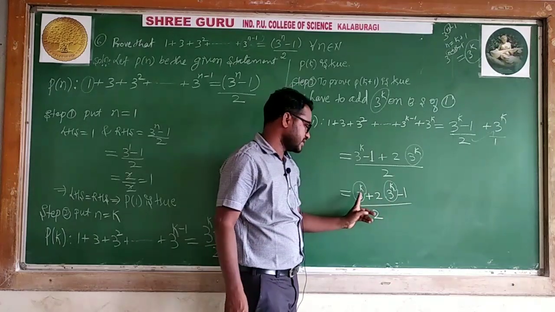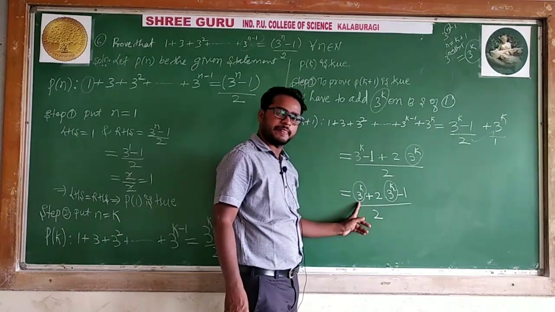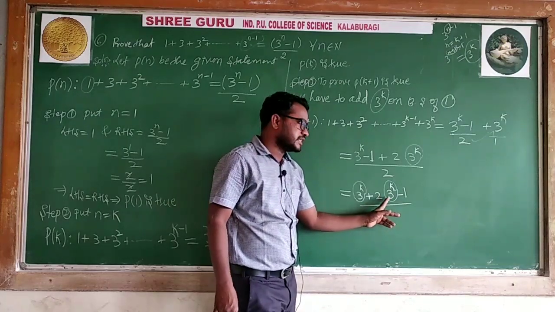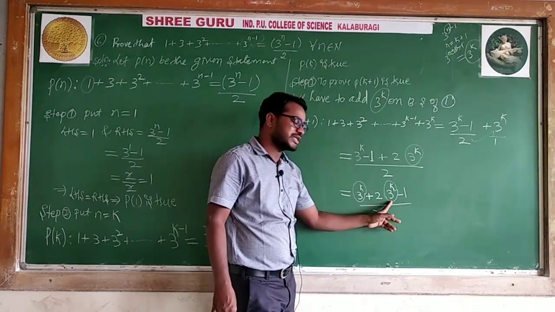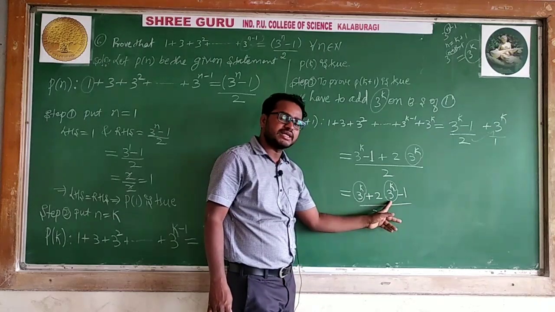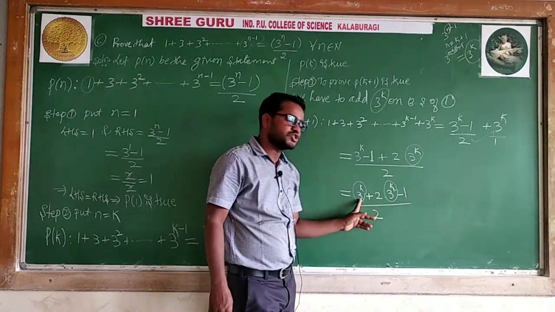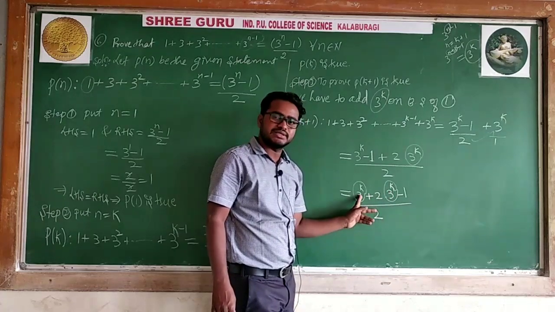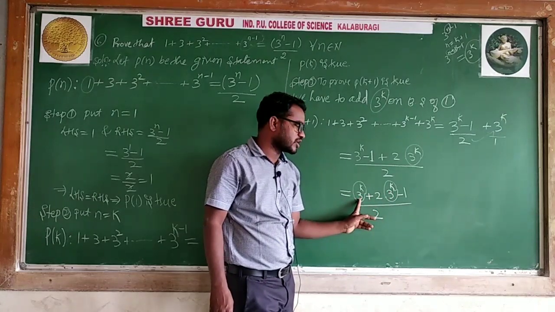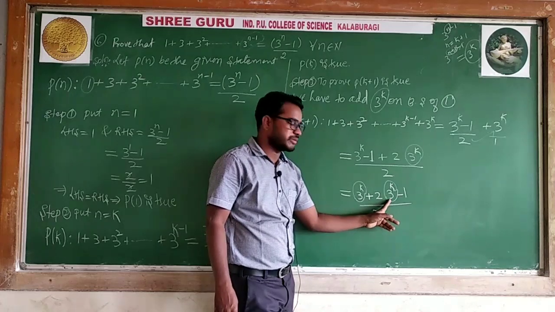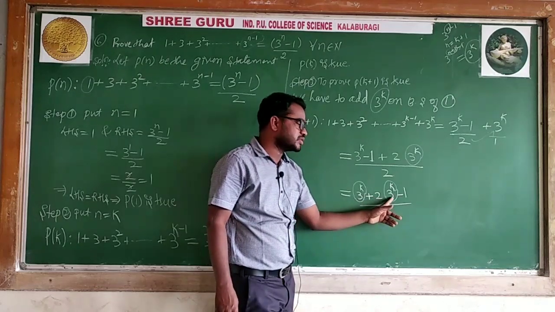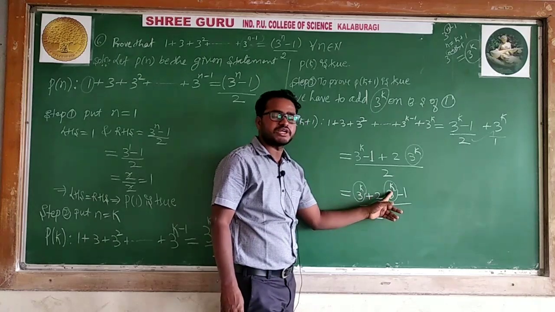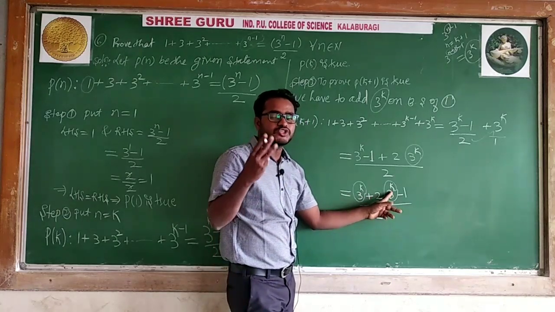Are you getting it? This 3 to the power k is one thing. This is 2 into 3 to the power k, means 3 to the power k two times. Or if you are getting any confusion, you can say this is one chocolate, and 3 to the power k is the same chocolate. This is 2 times the chocolate. So one chocolate plus 2 times chocolate is how many chocolates? 3 chocolates.